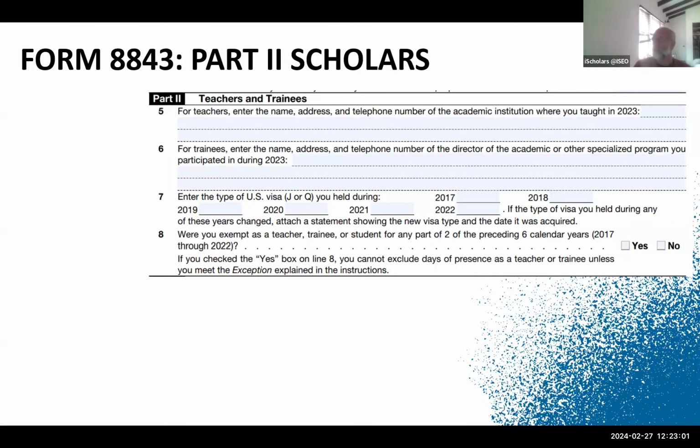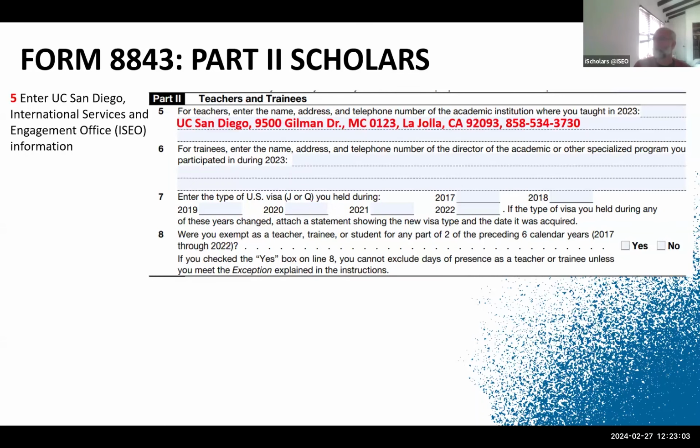So basically you're just putting the address of our institution. And I'm going to recommend that you put specifically our office's address.